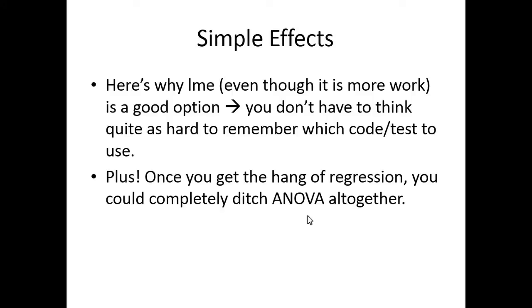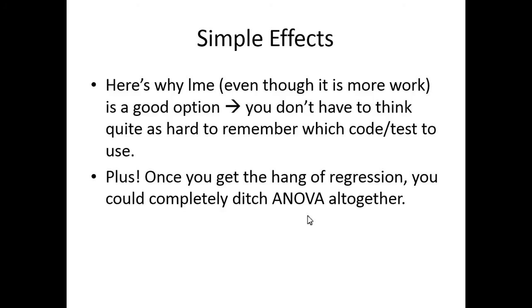I like that. Plus, after this test, we're going to cover regression. So once you get a hang of regression, you could actually never do an ANOVA again. It's nice, yes. I feel like that's slowly where we're going with repeated measures, just ditching ANOVA altogether and doing everything as LME. But I felt like if I taught you guys that, your advisors would probably murder me.